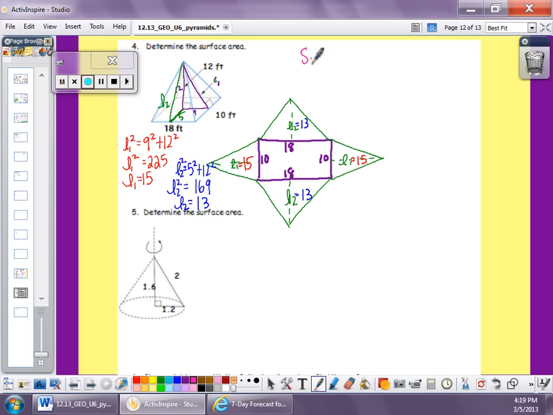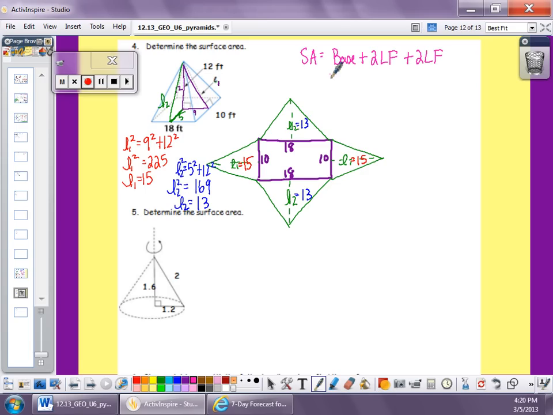So my surface area is equal to my base plus 2 lateral faces plus another 2 lateral faces. It's split up because you're doing the opposite ones together and then the other 2 opposite ones together.